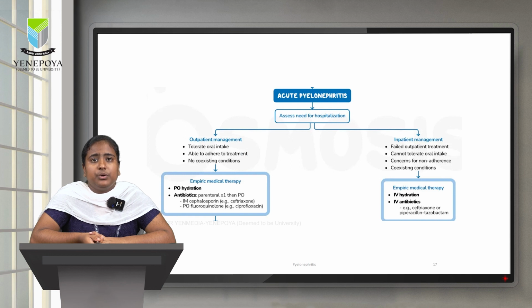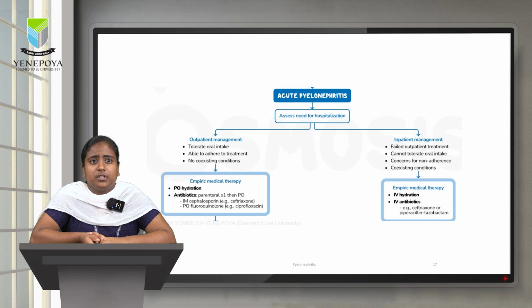Now you assess the need for hospitalization. For outpatient management, first you have to assess whether they can tolerate oral intake, are able to adhere to treatment, and have no coexisting conditions like DM.